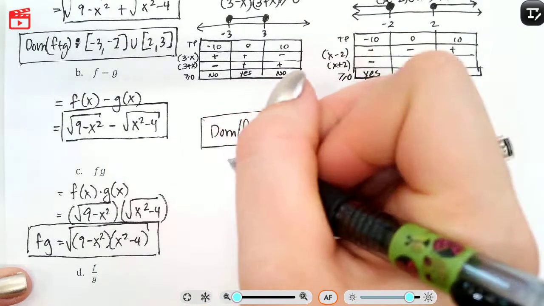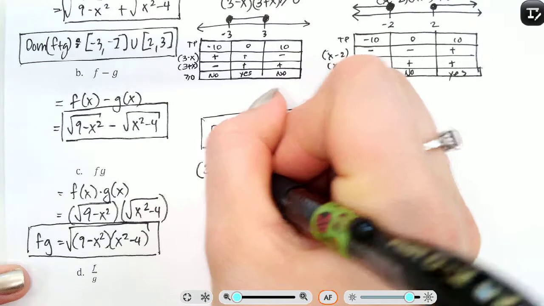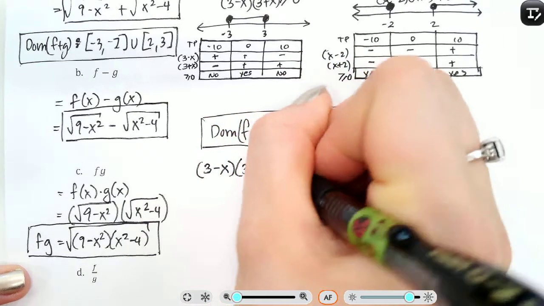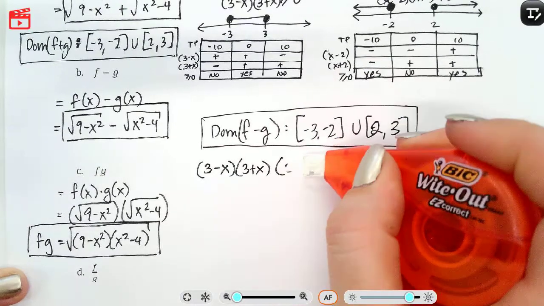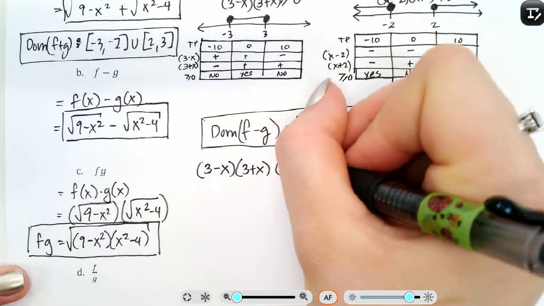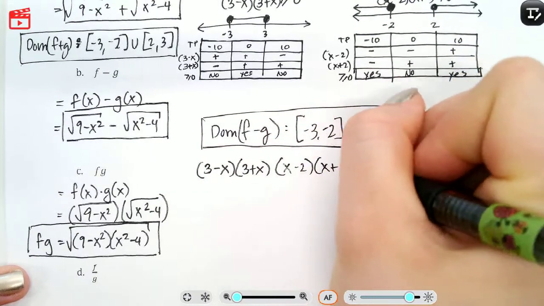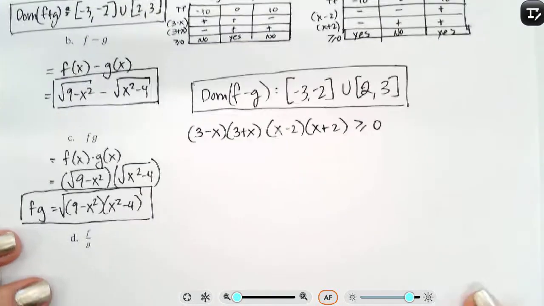Okay, so let's see. I'm going to factor it. So what I'm doing is I'm just factoring the inside quantities here. Okay, and from there we can find our critical value points and make our graph.